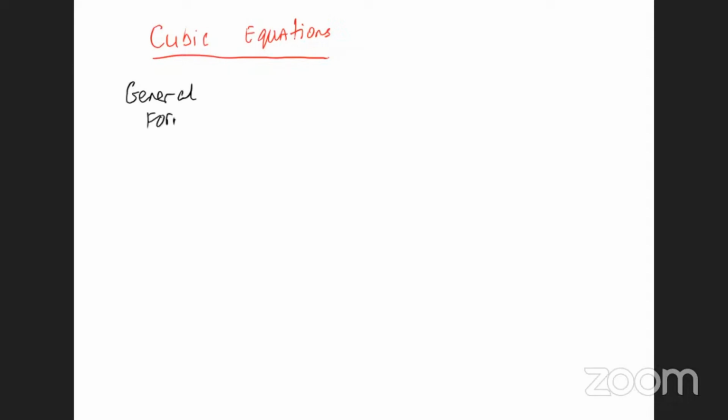All right, so the general form of a cubic is ax cubed plus bx squared plus cx plus d equal to 0. All right, that is the general form for a cubic equation, right?